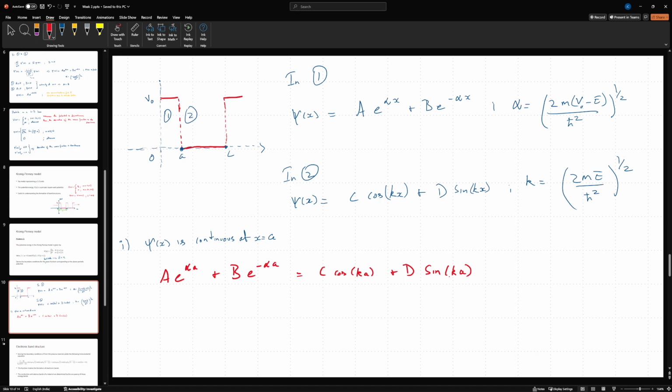So this is the first condition, that these two have to be continuous. Now what about the derivatives of the wave function?